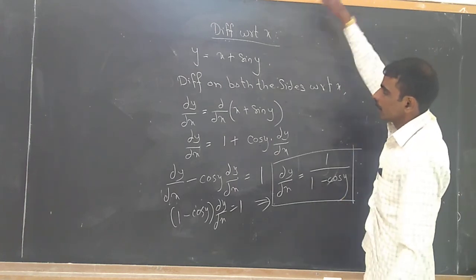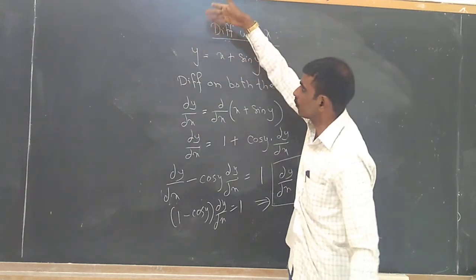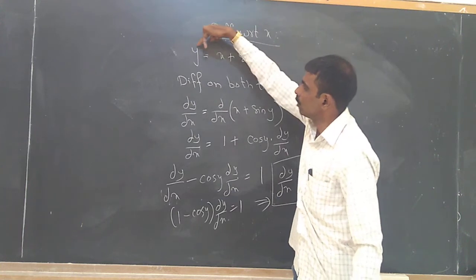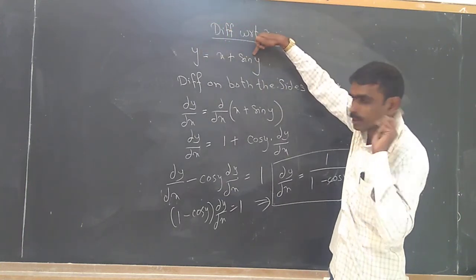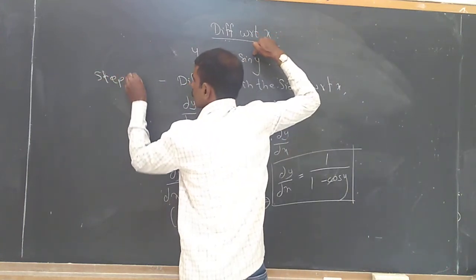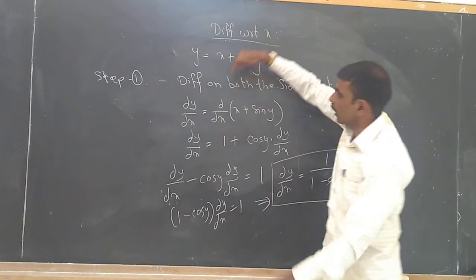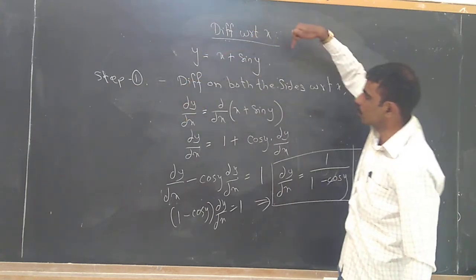So just say, given an implicit function of this type, f of x, y is equal to 0 in general. So here y is equal to x plus sin y. Step number 1: you need to apply the differential operator, that is d by dx, on both these sides.